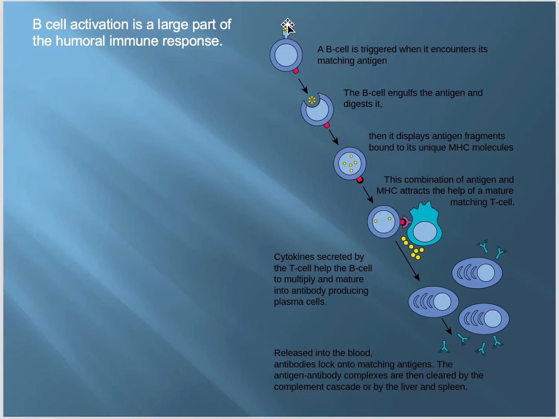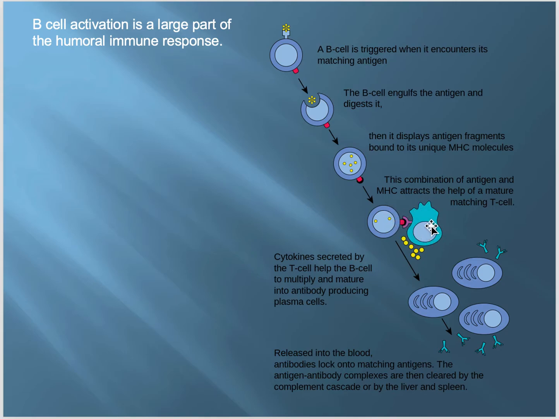The antigen binds with the receptor, and then the B cell engulfs this antigen, digests it, and presents it on its surface through the MHC molecules, major histocompatibility molecules. Once the antigen is presented by the B cell, it attracts the T cell. Then the T cell comes and binds with it.